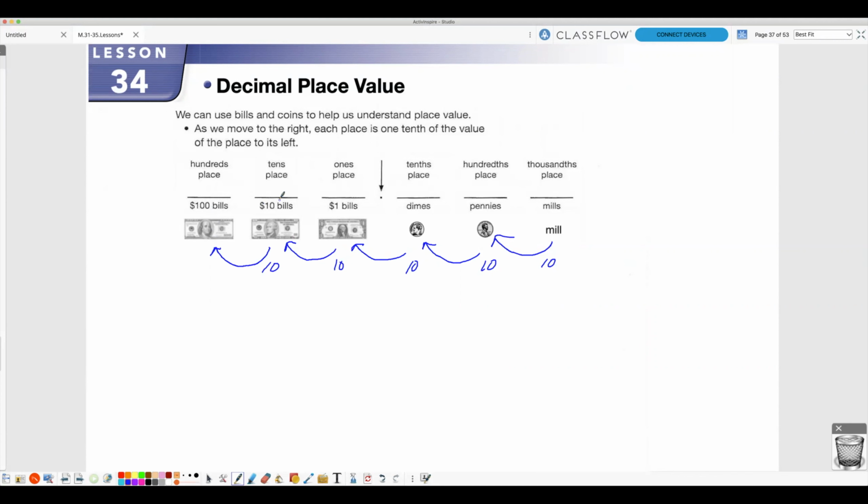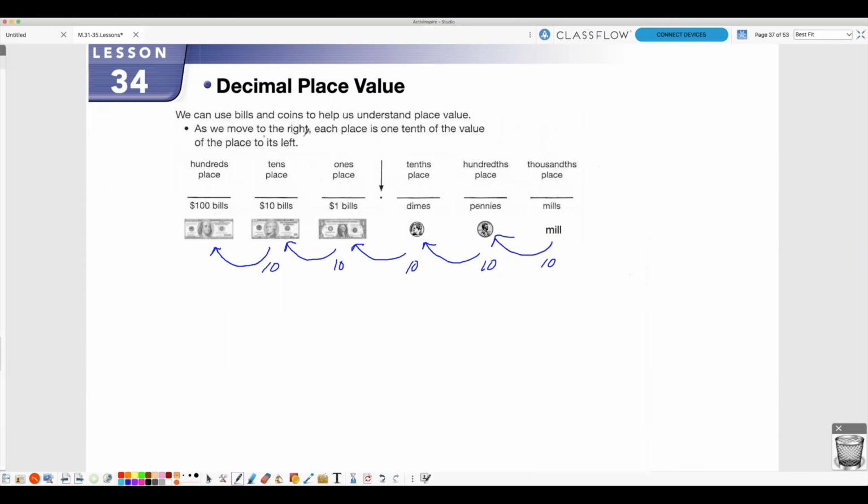That means each of these is 1/10 of the value to its left. So if I have a $100 bill, but I'm looking at a $10 bill, that's 1/10 of $100.